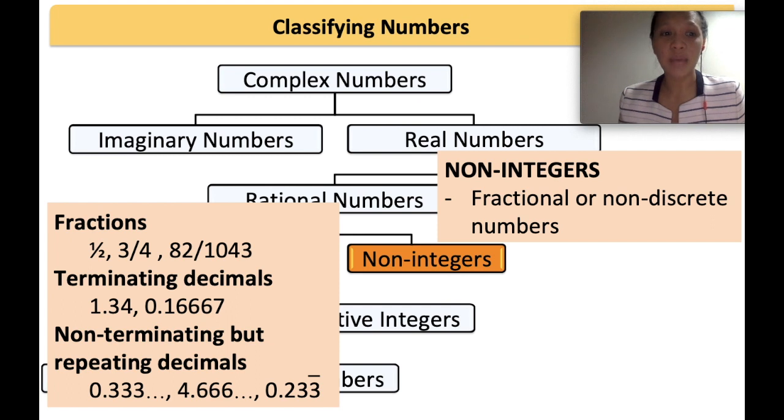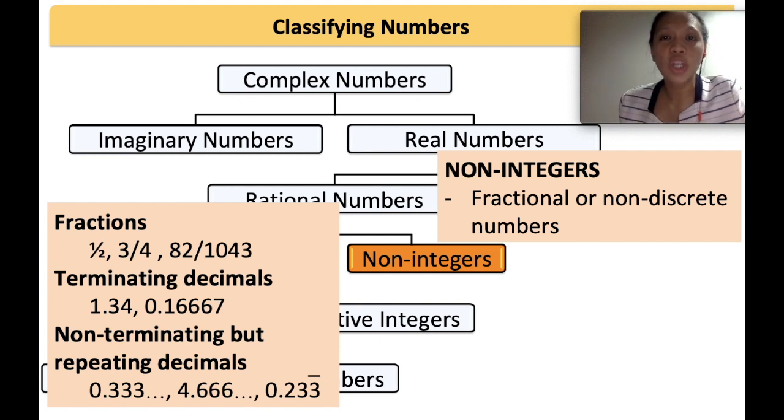And lastly, we have our non-terminating but repeating decimals. So, ano ang ibig sabihin nun? Pag sinabi nating non-terminating, hindi tumitigil yung decimal natin. For example, 0.33333. But as you can notice, yung 3 natin is repeating. Okay? So, may paulit-ulit tayong number sa ating decimal.